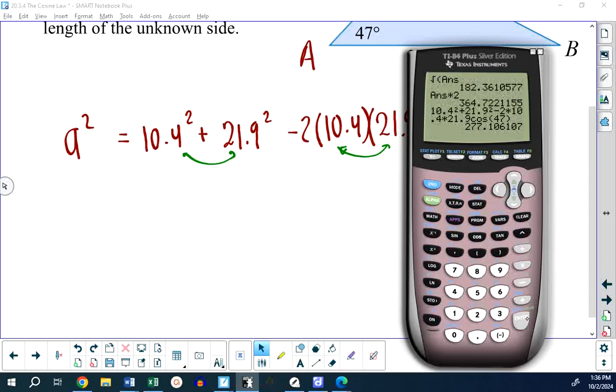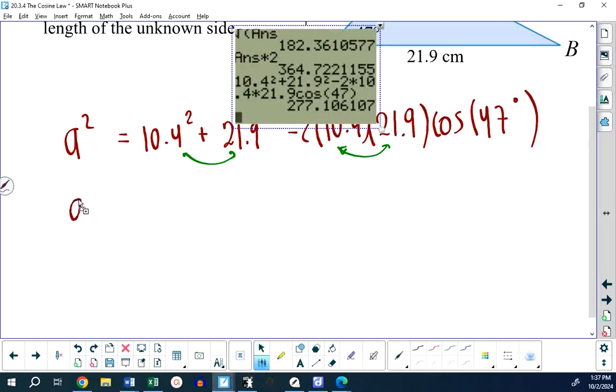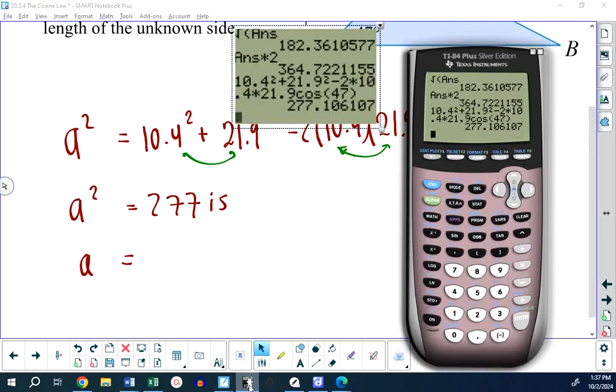That is not the value of a, that's the value of a squared. So you take the square root. That's it. When we take the square root here, there's no need to write plus or minus for you Physics 20 people, because a is the length of the side of a triangle.